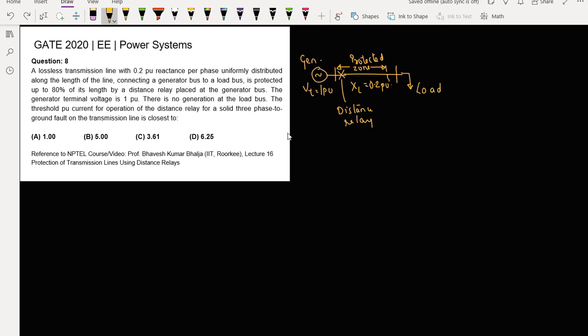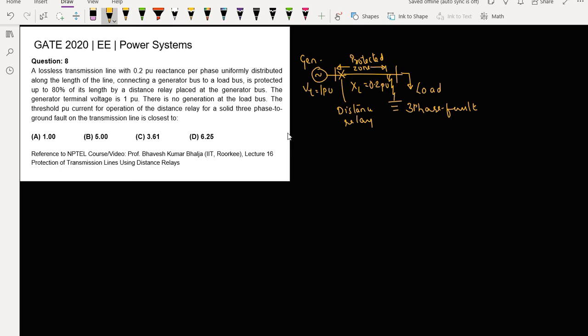If we suppose that a 3-phase fault takes place on the transmission line, then we have to find out the fault current for the operation of the relay.